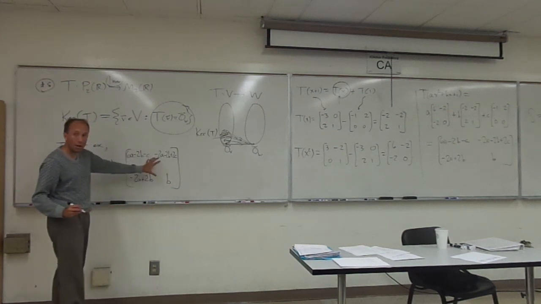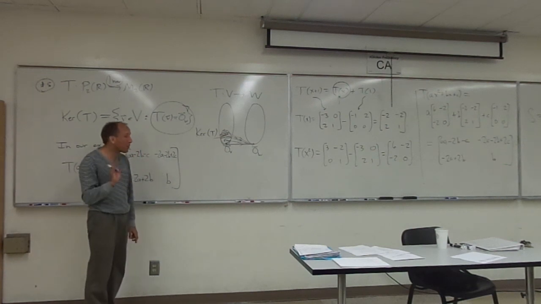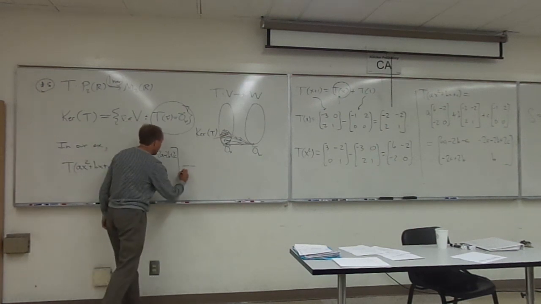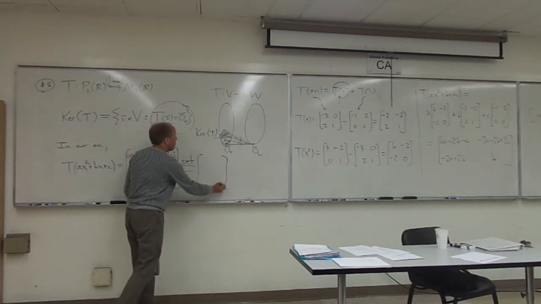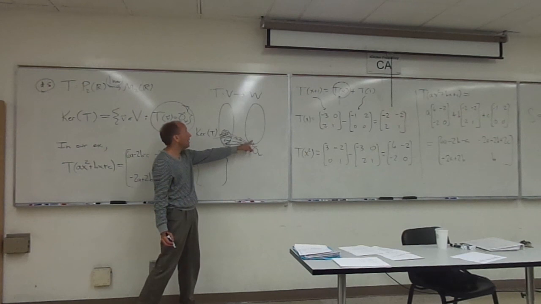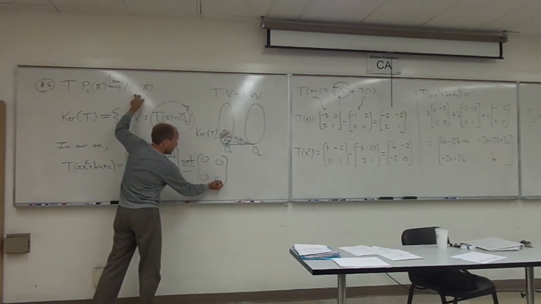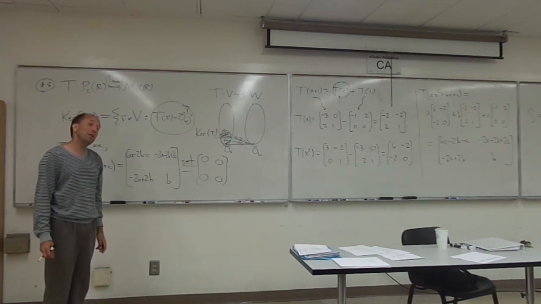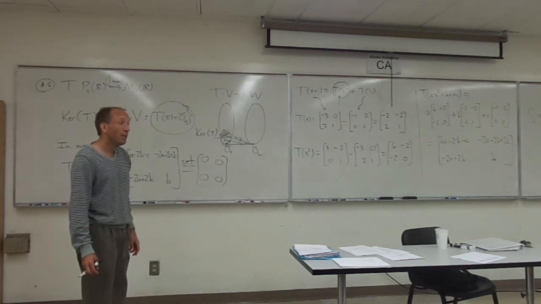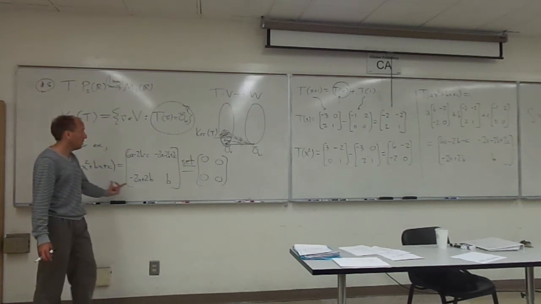That's my output. And what you do to find the kernel is set this equal to the 0 vector of W, and in this case the 0 vector of W is just my 2 by 2 zero matrix. And you solve for which quadratic polynomial is going to give me that.